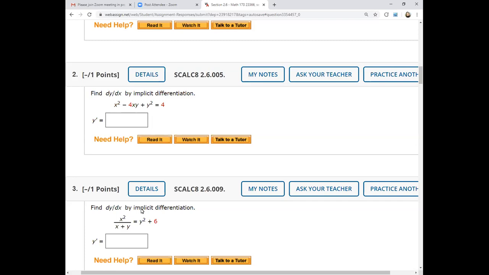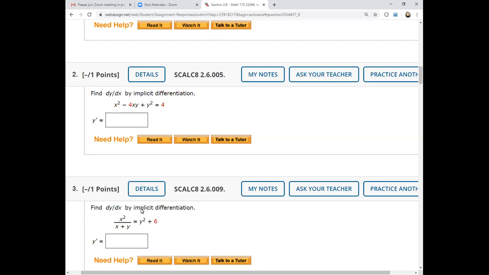And then d dx of 4, again, because the derivative of any constant is 0, you get 0. So I have 2x minus, open parenthesis, 4y plus 4x dy dx, plus 2y dy dx is equal to 0.